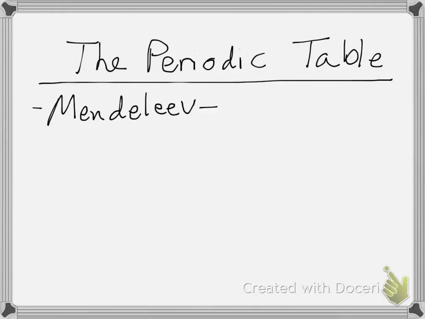He was Russian, if I'm not mistaken, and he essentially tried to start ordering the elements into similar properties that they shared. And he was the first one to arrange things in the form that we have now, where hydrogen is on one side of the table, helium is on the other side, and then you have lithium and beryllium, and then you have a bit of a gap in boron and carbon and so on and so forth.